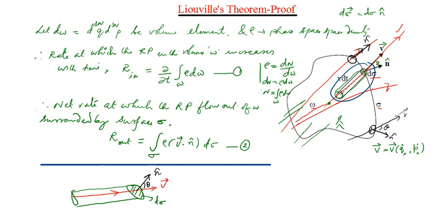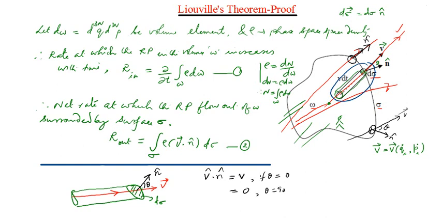So in general, v and n make some angle. If you take v dot n, it can be equal to v itself if theta is equal to 0, and v dot n will be equal to 0, that is the flux, if theta is equal to 90 degrees.